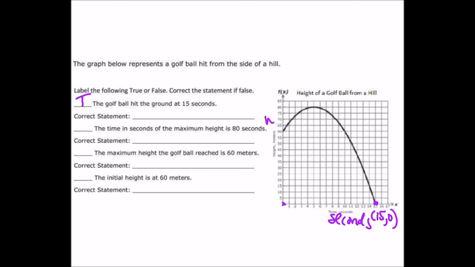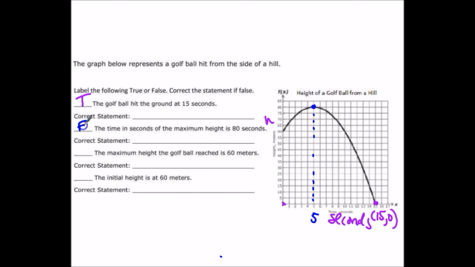Now it says right here, the time in seconds of the maximum height is 80 seconds. Well, looking at the problem, this happens to be the maximum height, and it says that's 80 seconds. If I come down here, whoa, that number's 5. How could it be 80 seconds if the most seconds is 15? That's totally weird. So we definitely know that the answer isn't 80 seconds.